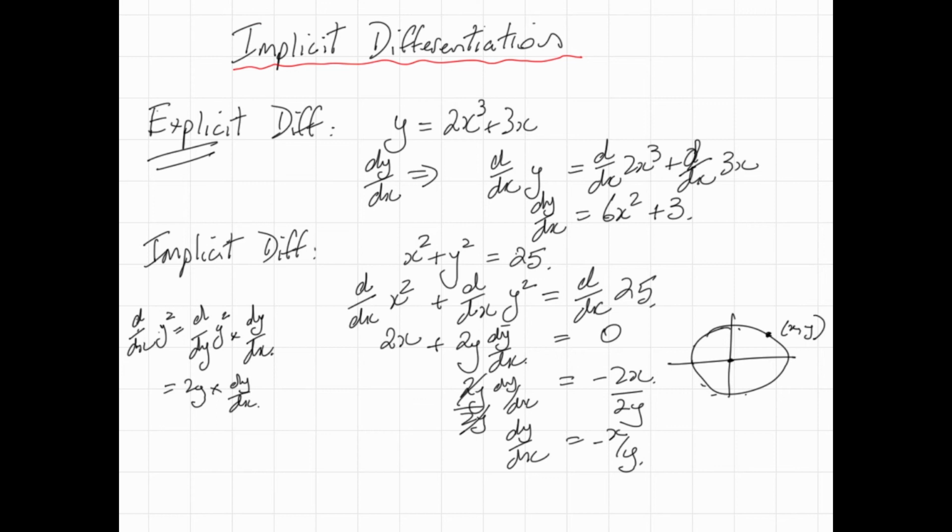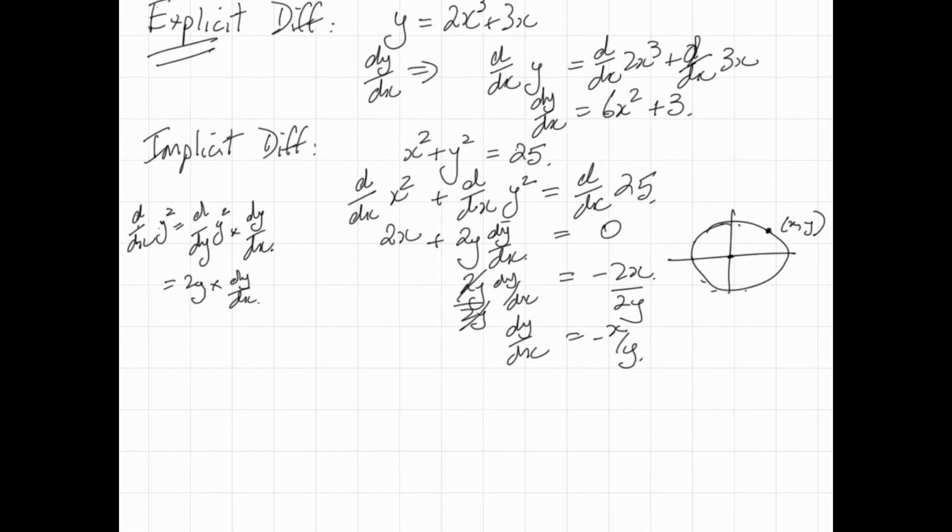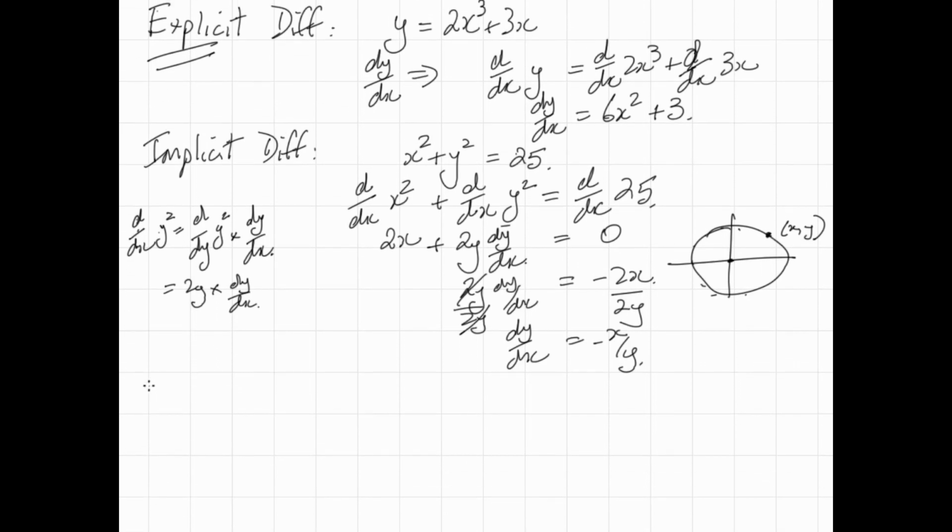The steps are these. What I like to call a template. A template is just a method you'll throw over every example. You use the same steps. Template for implicit differentiation, and there are 4 steps.